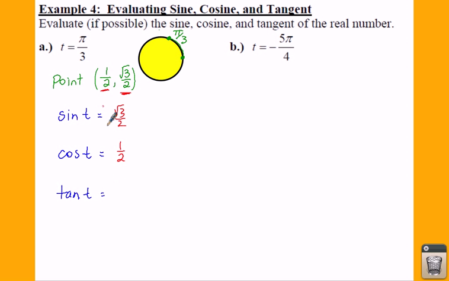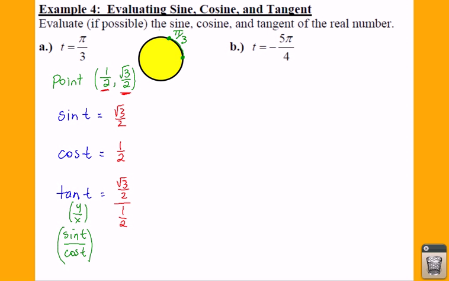Now your tangent, that is just y over x, or sine of t divided by cosine of t. You need to make sure you know these. So you're going to take your sine of t, which is radical 3 over 2, and divide that by your cosine of t, which is 1/2.